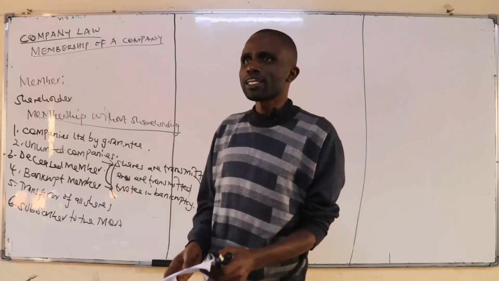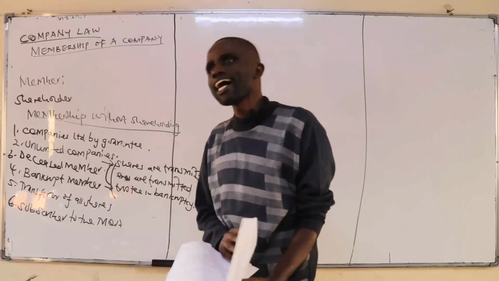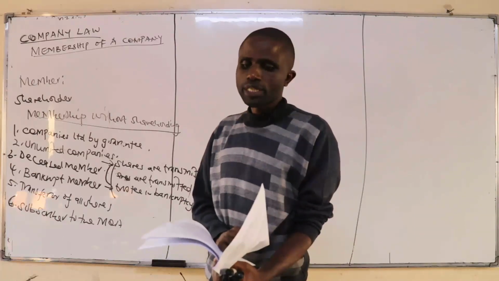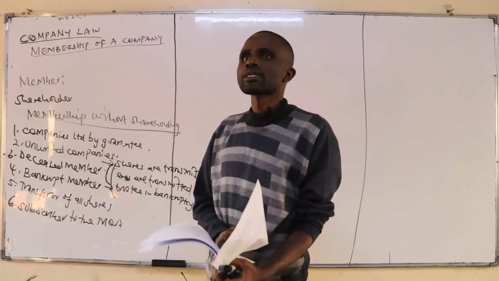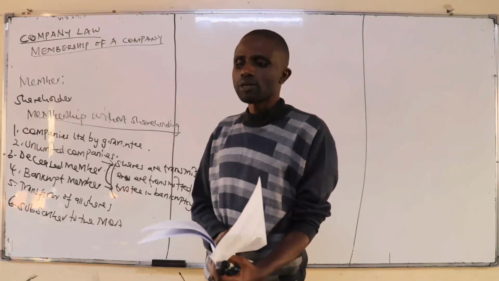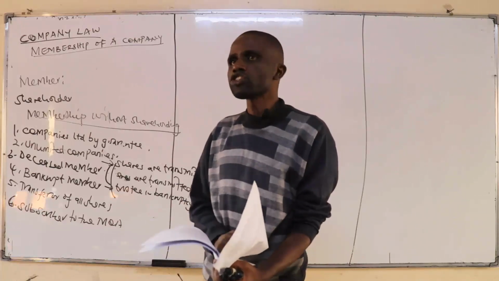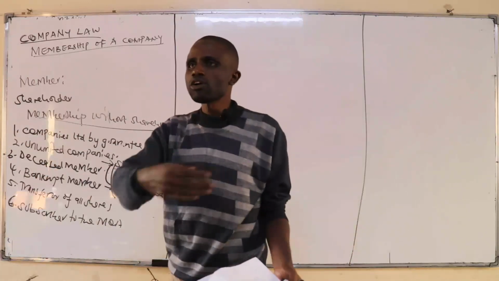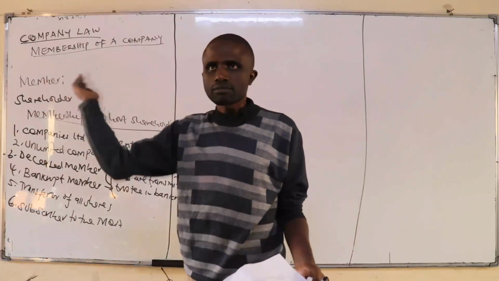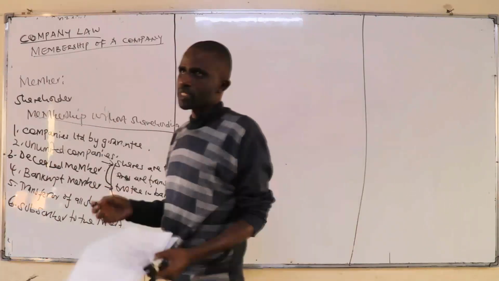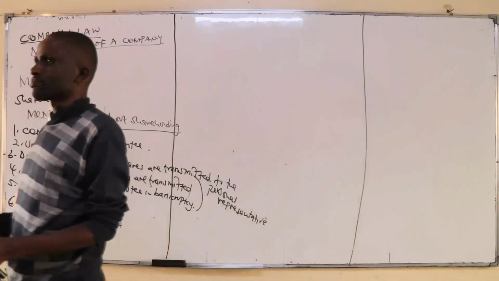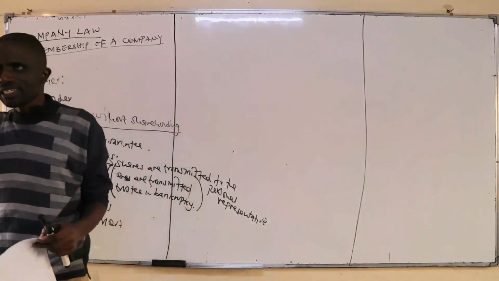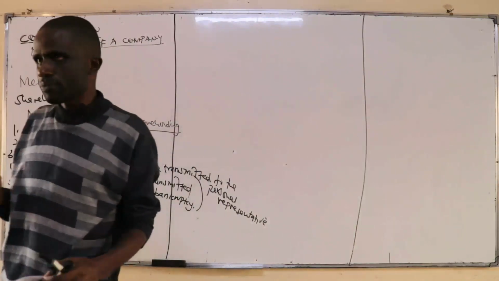And now the judge will make a ruling later, and he will say that they pleaded the case of Royal British Bank versus Turquand, and that case law states that an outsider dealing with a company need not know its internal procedures. And then you are paid your 1 million plus the costs of the suit, the legal costs. That's how you're supposed to reason out as a lawyer, sawa, as a person with legal knowledge.